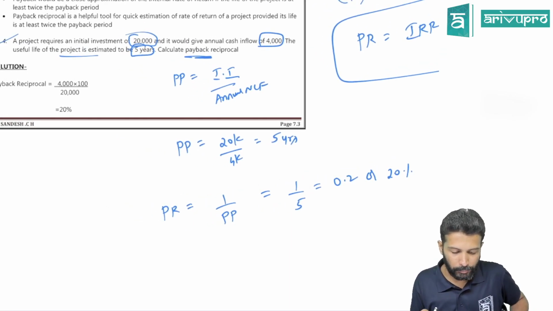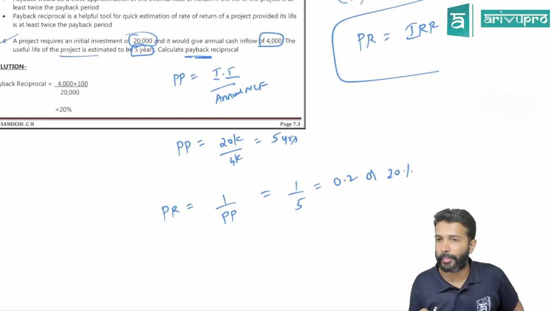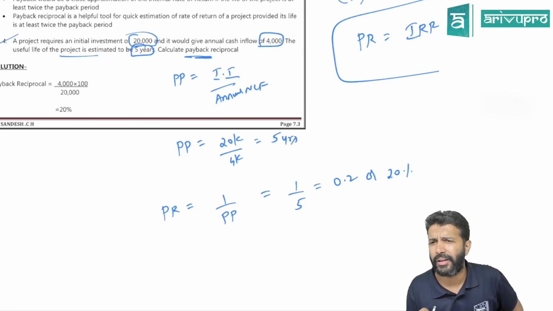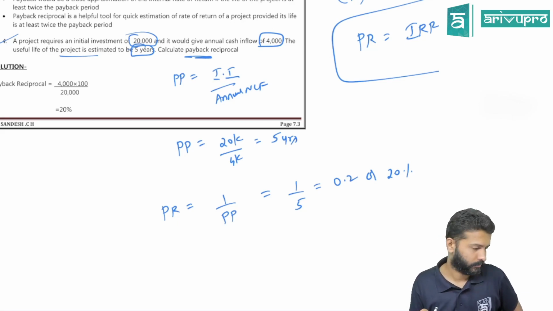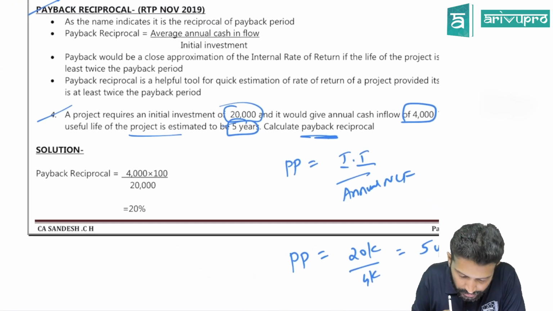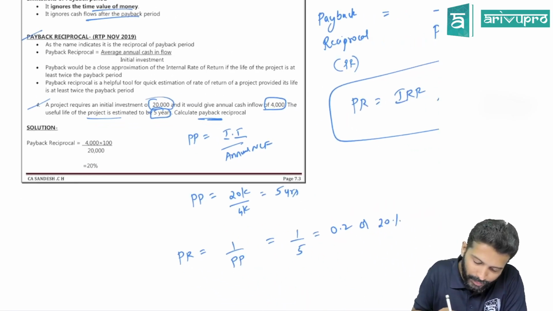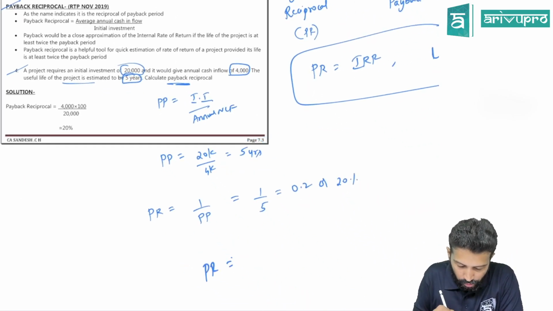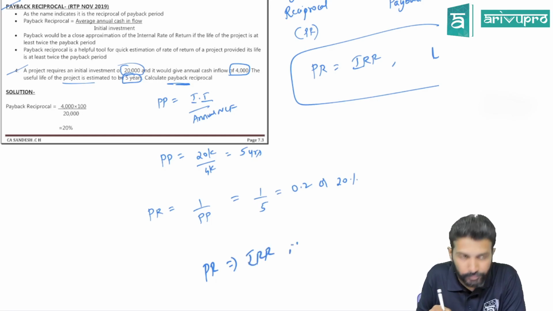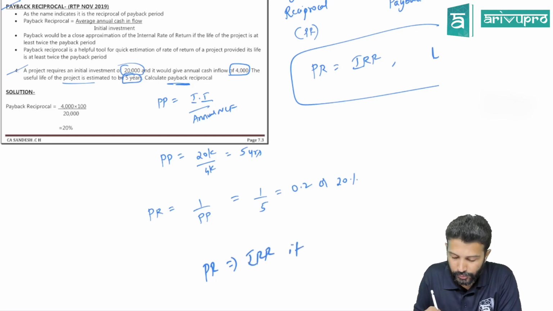But here, will payback reciprocal approximate IRR? Life of the project is 5 years. Payback period is also 5 years. Payback reciprocal will be more or less equal to IRR if the life of the project is at least double the payback period.